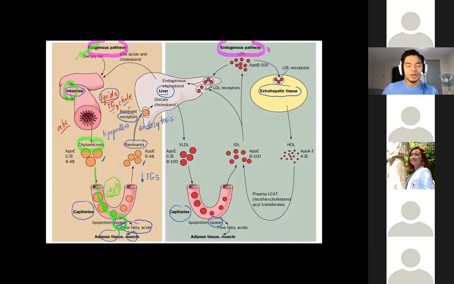Question, what's the reason ba't siya kaya mag-interact sa receptor? Kasi anong composition meron ang chylomicron remnants? Meron siyang lipid portion o yung protein portion? Okay, yung apoprotein portion niya. Kaya endocytosis could happen.